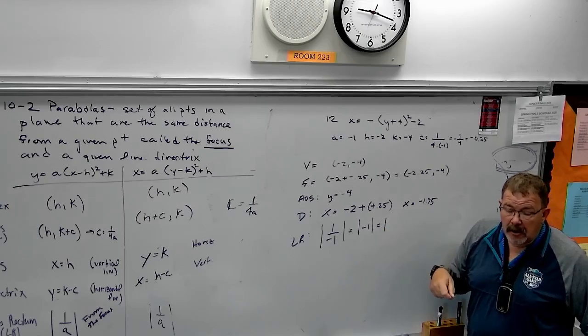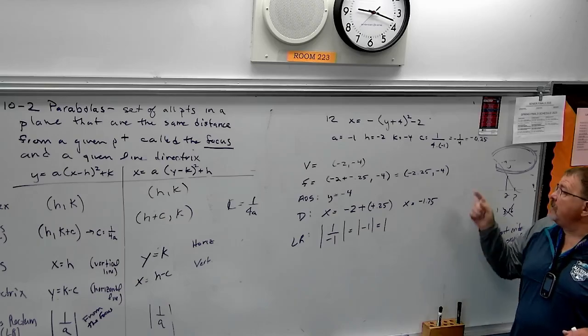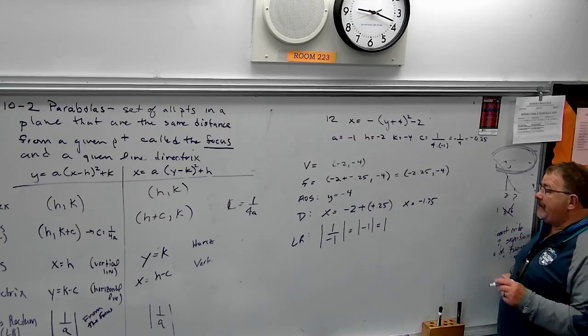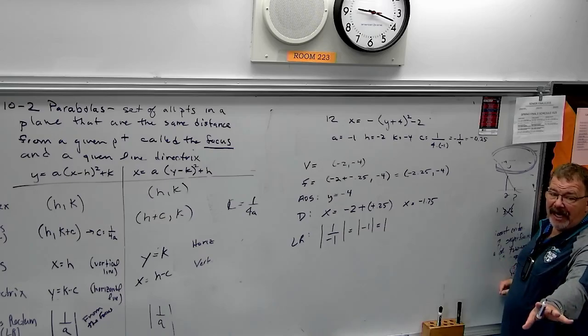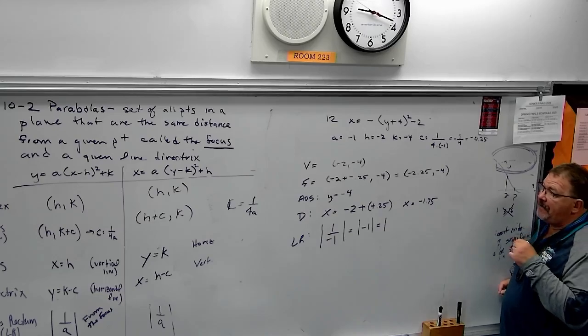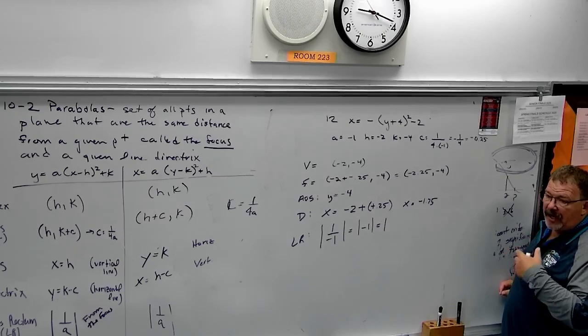Does it matter what our calculator is set to? I would set it to 2 decimals, so that way you at least get 0.25 when you're doing this. All right, let's see how this baby comes out. Now, here's the bad part about parabolas with your graphs. I get it, your graphs are small. Normally I wouldn't even give you a graph for a parabola. I would just tell you to draw it by hand.